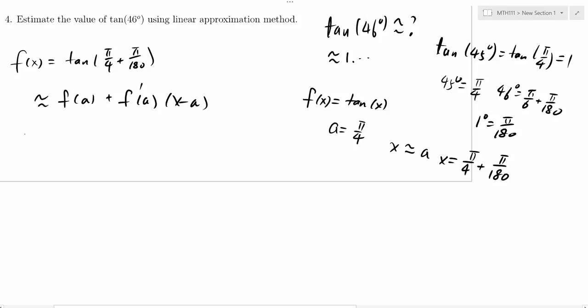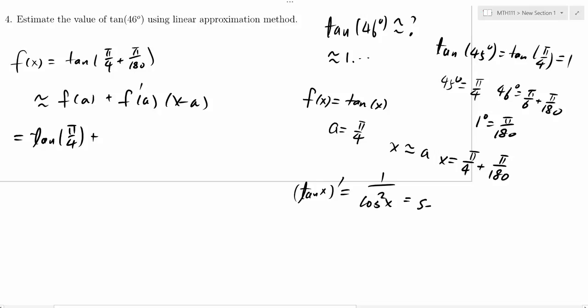And then on the right-hand side, f is tangent, so this is tangent pi over 4. Let's write it down first, plus the derivative at pi over 4. Now, this is something we did not emphasize. What's the derivative of tangent x? You can use the quotient rule to find it, but it is 1 over cosine squared of x.